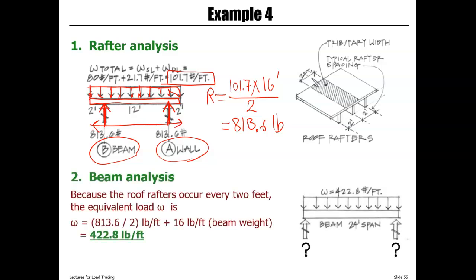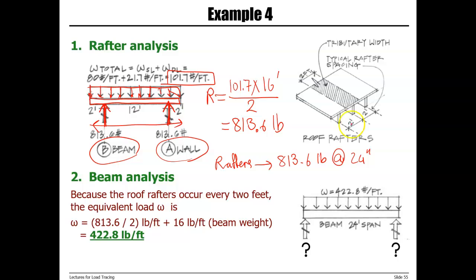Now we want to look at the beam. Each individual rafter transfers 813.6 pounds at 24 inches from each other to the beam.